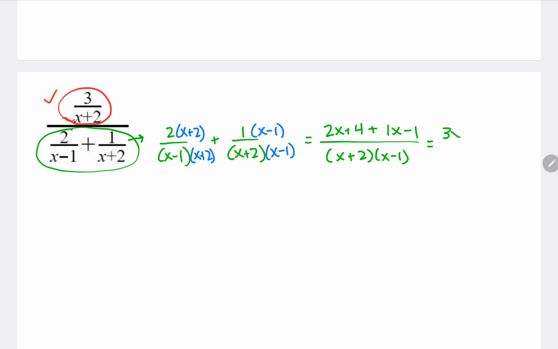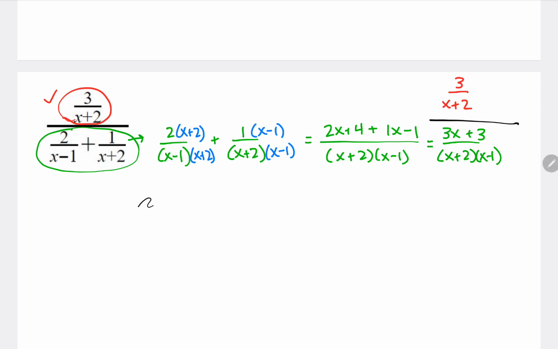Combining like terms, I have 3x plus 3 over x plus 2 and x minus 1. And I ran out of room, so I'm not going to simplify that yet. I now have 3 over x plus 2 as my numerator divided by 3x plus 3 over x plus 2, x minus 1 in my denominator.